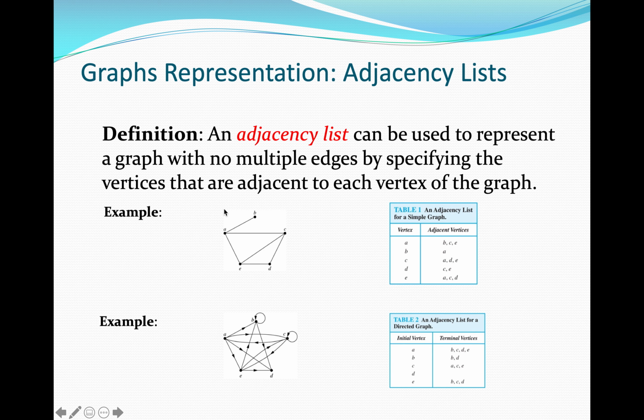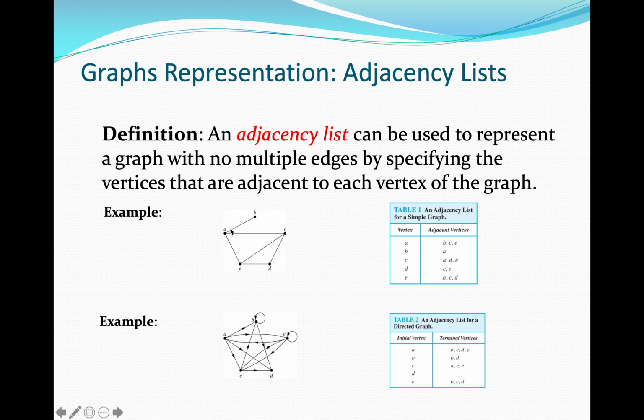So the very first thing that you have to see before you can declare whether that vertex is the adjacent vertex to that particular vertex, you must ensure the edge is there.